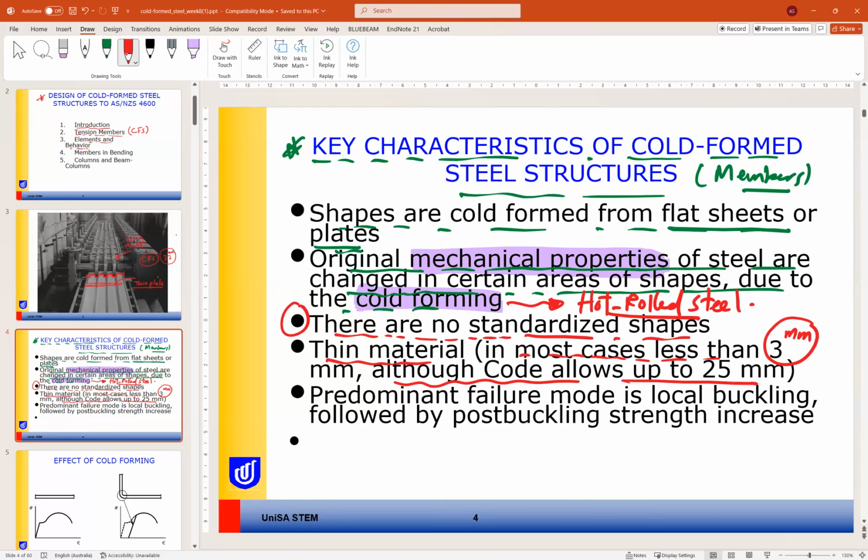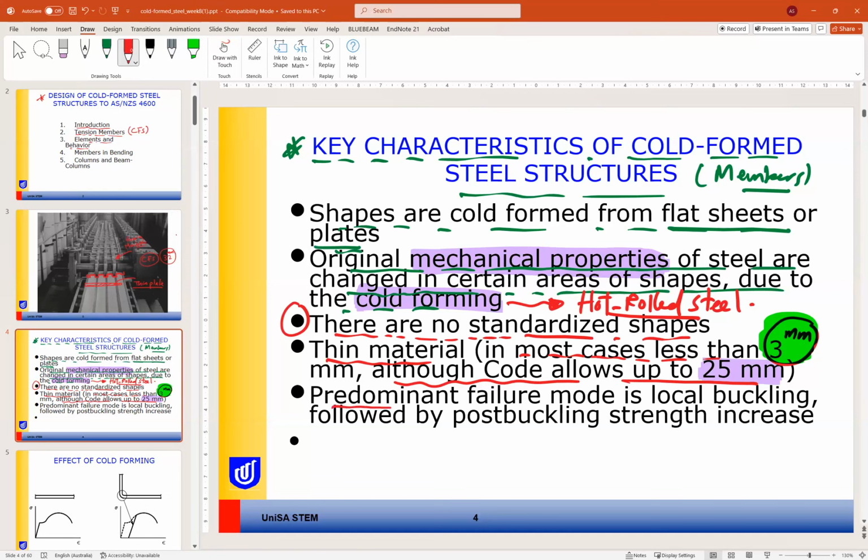You need to pre-order it so that they can form it for you. But it is hard and it needs special materials to bend 25 millimeter of steel. So the most common sections in the market are around 3.2 or 3 millimeter.